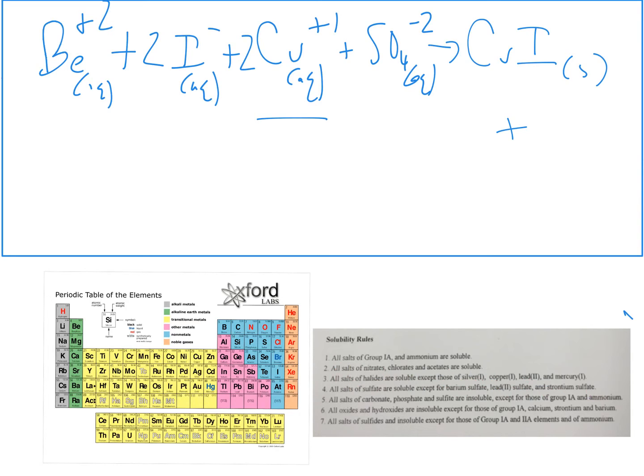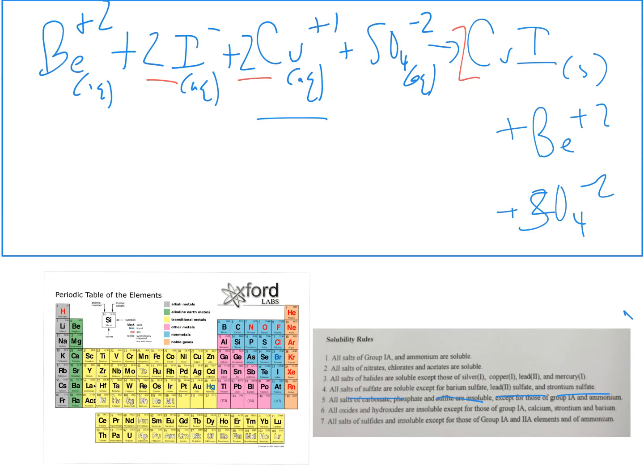Plus, let's just make sure beryllium sulfate. It says that sulfates are soluble except barium, lead-2, and strontium. Well, that's definitely not one of those, so Be plus 2 and SO4 minus 2. And I think that we need to balance this, we need a 2 out in front of here because we got a 2 there and a 2 there.